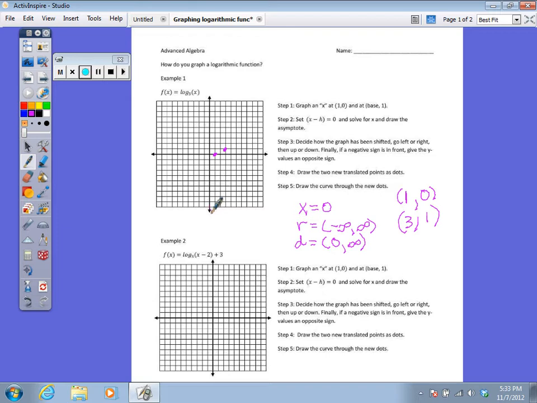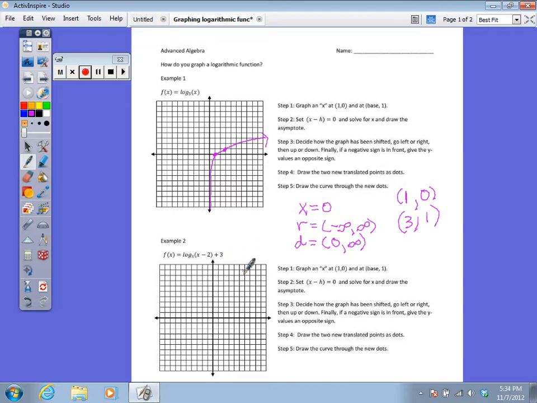And y gets infinitely small as x is very close to 0, and then y, or the exponents, get bigger and bigger. And as the exponents grow, because our base is greater than 1 here, your y values will grow as your x values get larger. All right, so that's our first graph.